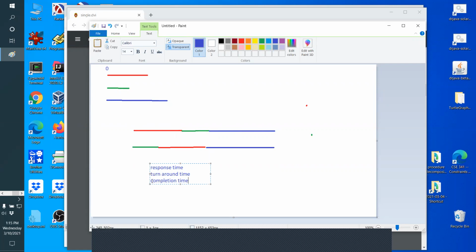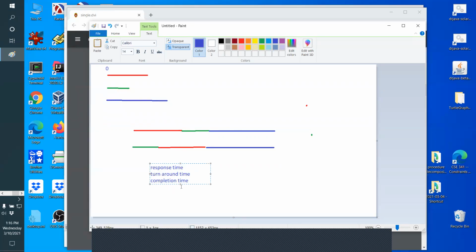So the processes come with their completion time, and then depending on how they're scheduled, they could have different response and turnaround times. A scheduler is trying to mostly optimize between these response times and turnaround times.